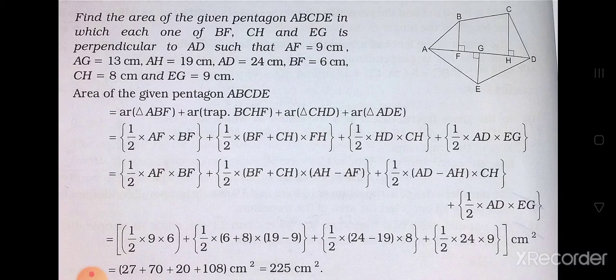So we have put all the values. So we got 27 plus 70 plus 20 plus 108 centimeter square. So all total the area of the required pentagon, that is ABCDE, is 225 centimeter square.